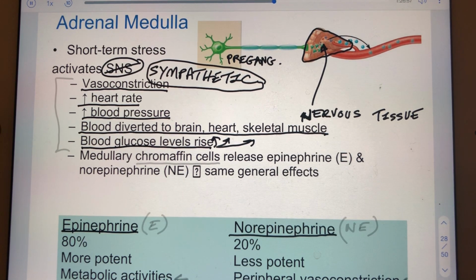The cells in the adrenal medulla that produce and secrete epinephrine and norepinephrine are called chromaffin cells. Okay. And all of these general effects are brought about by both epinephrine and norepinephrine.